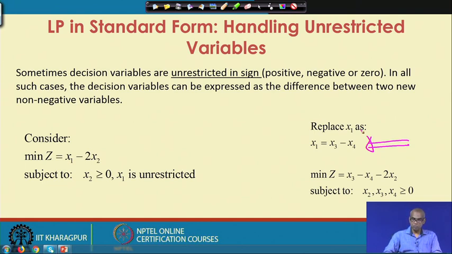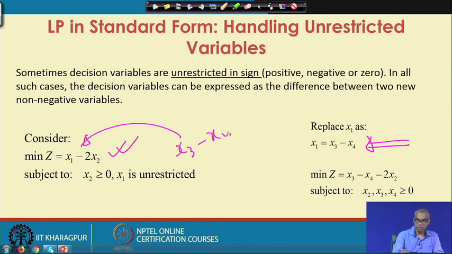Now my objective function z equal to x 1 minus 2 x 2 becomes x 3 minus x 4 minus 2 x 2.